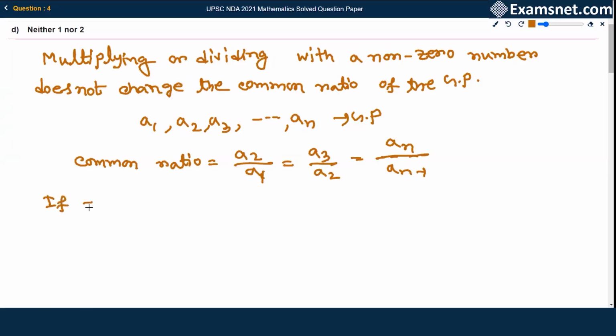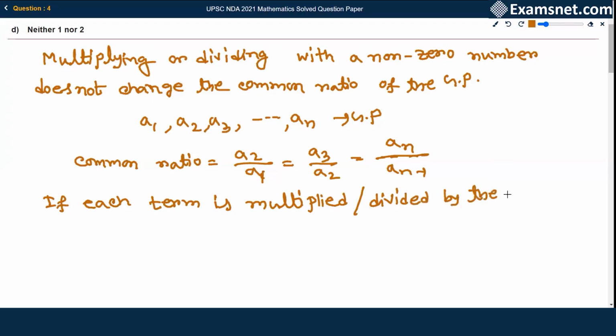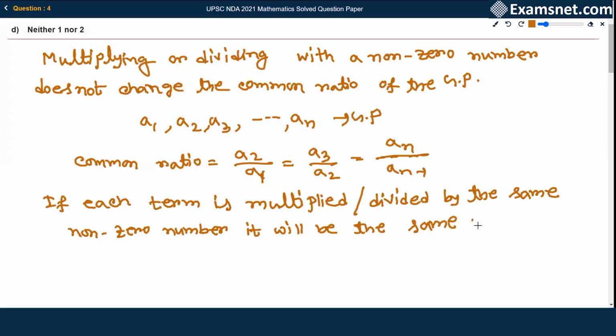What I just said, if each term is multiplied or divided by the same non-zero number, it will be the same R value.